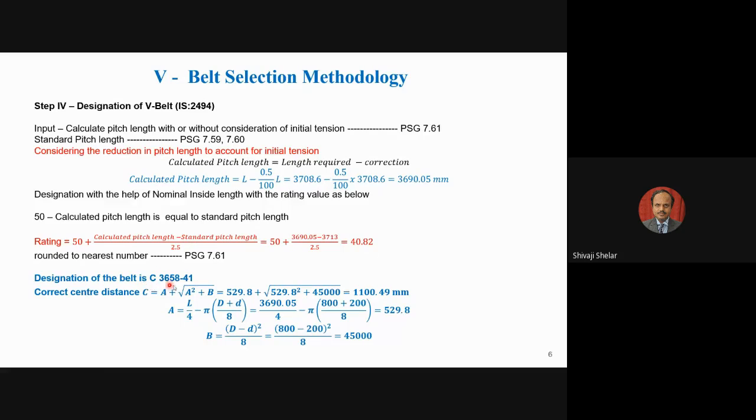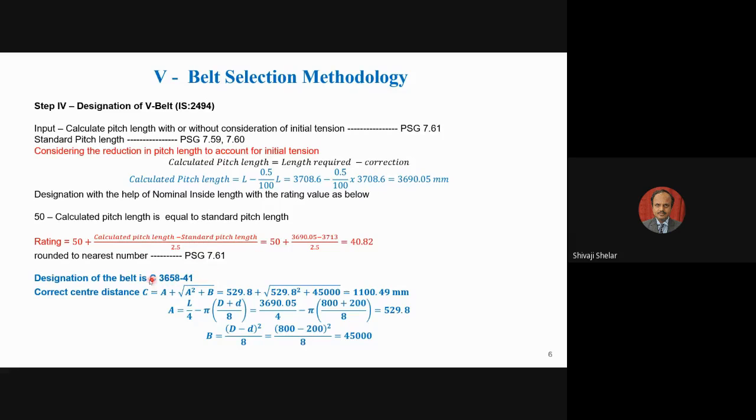So the belt designation is C3658 dash 41. So C, inside nominal length 3658 mm, and grade of that belt is 41. So you have to select the C section belt having inside nominal length 3658 mm and grade value should be 41.